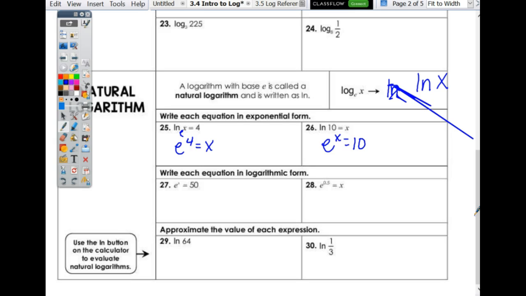So if I want to write it in log form now, I'm going to have log base e of 50 is x. Well, log base e, that is your ln. So you do ln of x is 0.5.